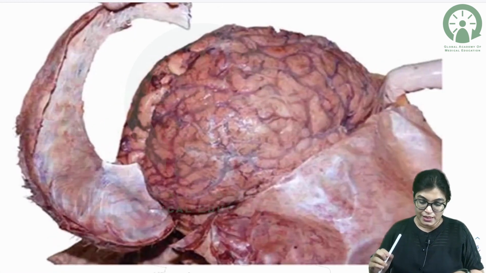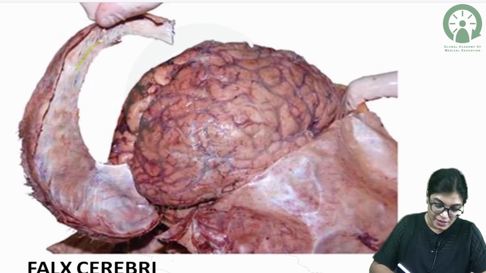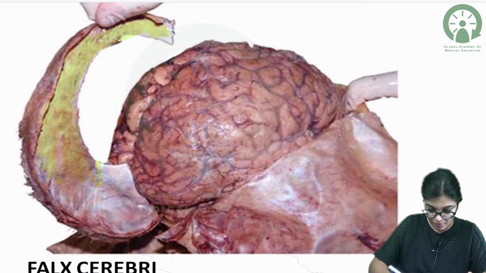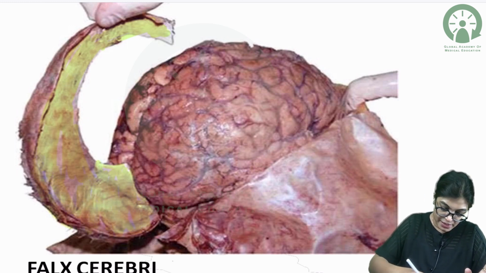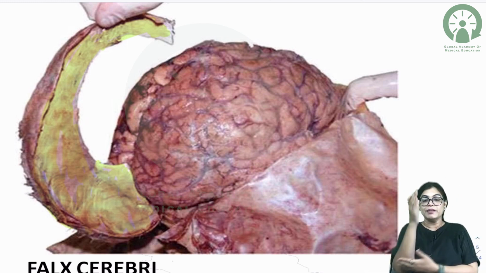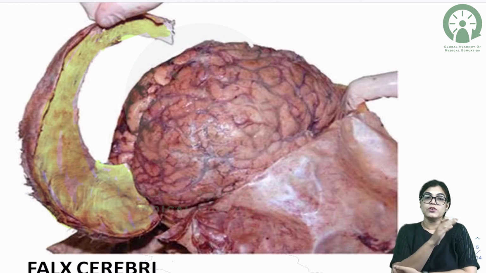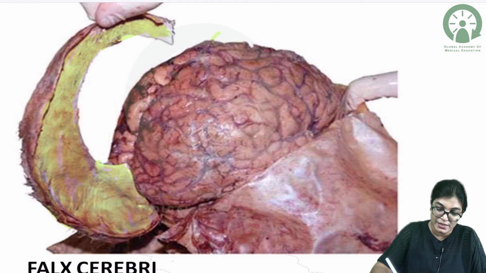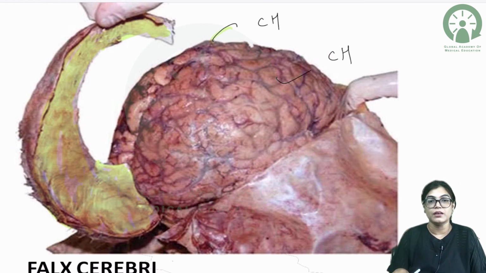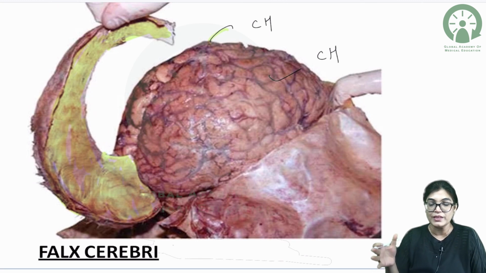In this diagram, you can see the falx cerebri. Very nicely you can appreciate this sickle-shaped structure, which is the falx cerebri. It lies in the median longitudinal fissure, which is located between the two cerebral hemispheres, and it contains the dural venous sinuses: the superior sagittal sinus, inferior sagittal sinus, and straight sinus.